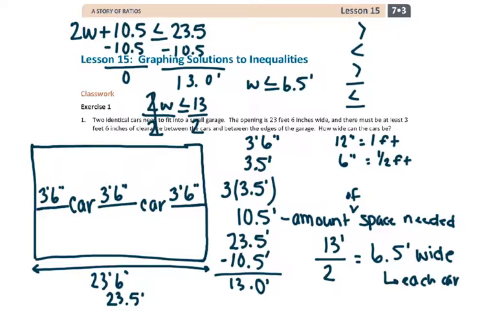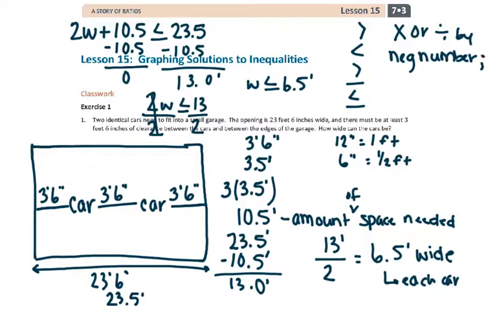So you guys are going to see in just a few minutes, actually in this next problem, when we divide or multiply by a negative number in terms of our inequality, we need to change the sign. So I just want to remind you of that. When we multiply or divide by a negative number, the sign changes.